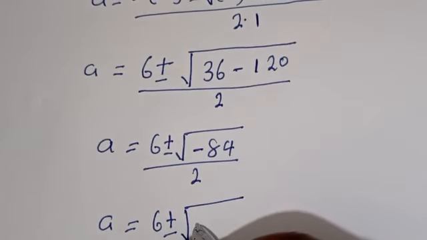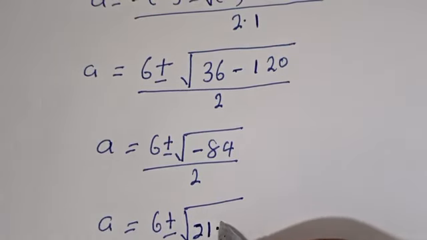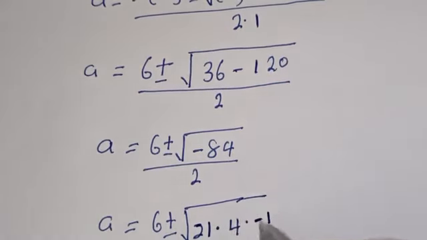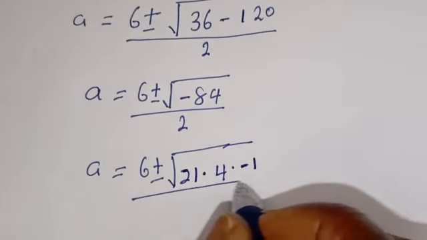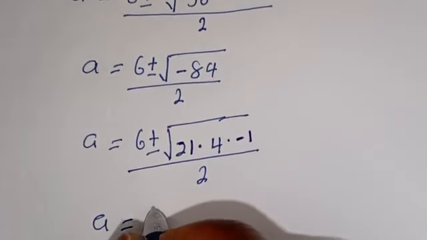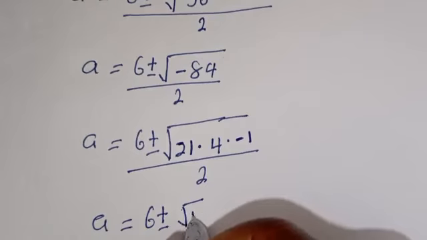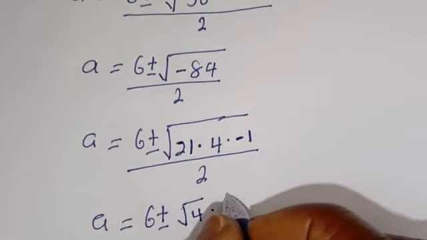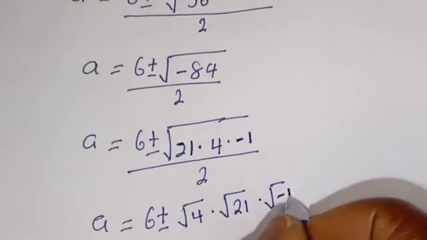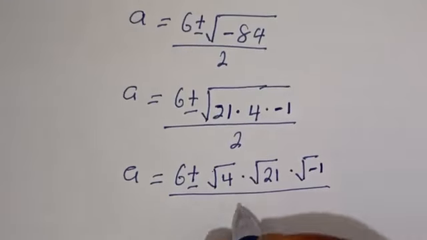Now we have a is equal to 6 plus or minus, 84 can be written as square root of 21 multiplied by 4 multiplied by minus 1, divided by 2. Then a is equal to 6 plus or minus square root of 4 multiplied by square root of 21 multiplied by square root of minus 1, divided by 2.